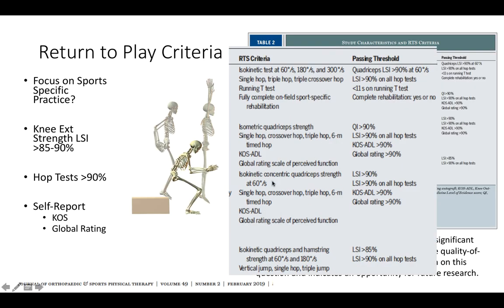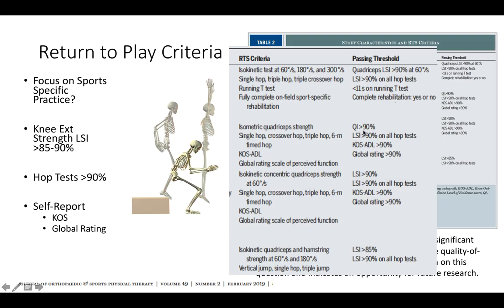Essentially, this is a close-up of the criteria itself, and we'll focus our attention on the right-hand side because these are the passing thresholds for the different criteria, and we can see quadriceps limb symmetry index, hop tests, now a timed running test, whether they completed rehabilitation, so that's one set of criteria.